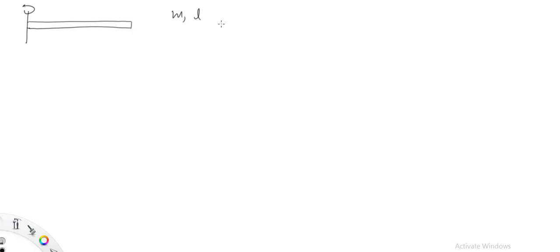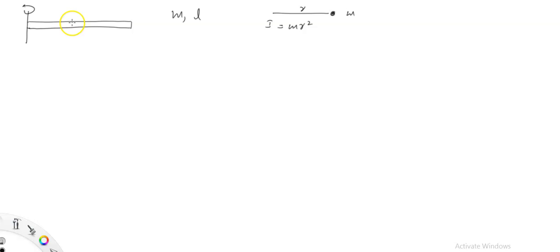The way we're going to do this is, we know that for a point mass at a distance r, inertia is given by mr squared. So if you add all of these, we get the whole thing. That's the same thing we're going to do.